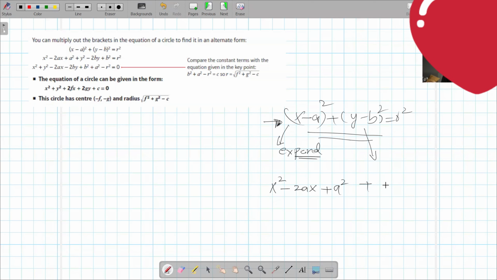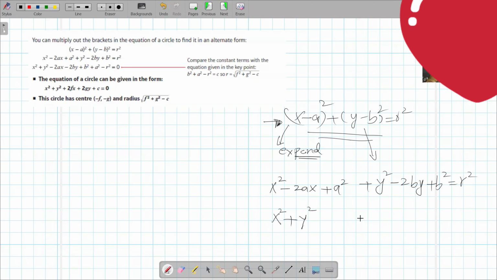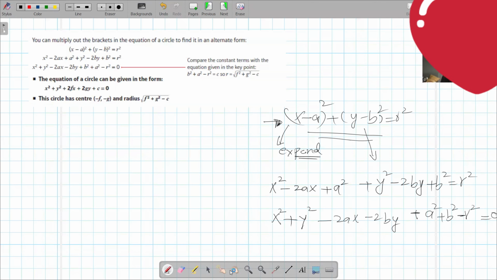Similarly, expand this: y squared minus 2by plus b squared equal to r squared, and rearrange in descending order of the power. x squared plus y squared minus 2ax minus 2by plus a squared plus b squared minus r squared equal to 0. You get this equation.